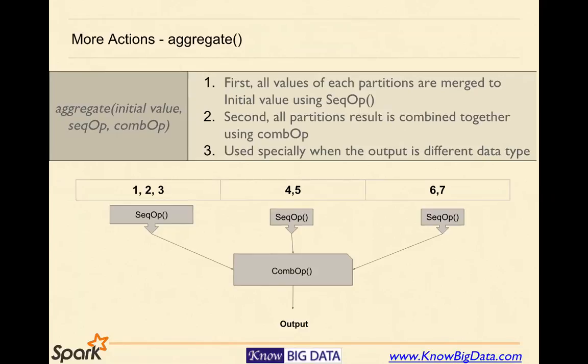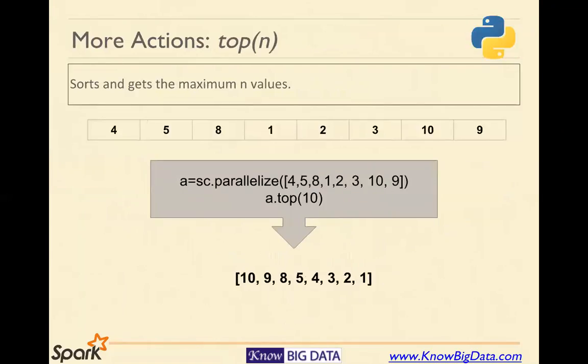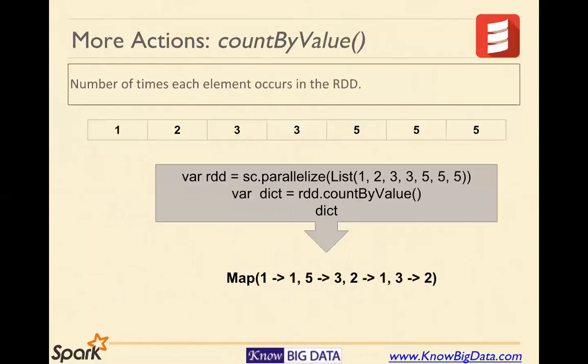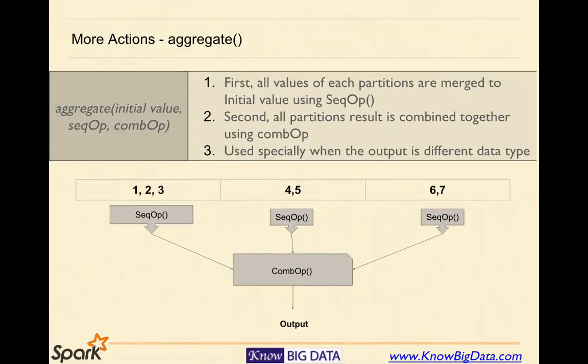So aggregate takes three things: initial value, sequence operation, and combination operation. First, all the values of all the partitions are merged to a single value, the initial value, using the sequence operations.